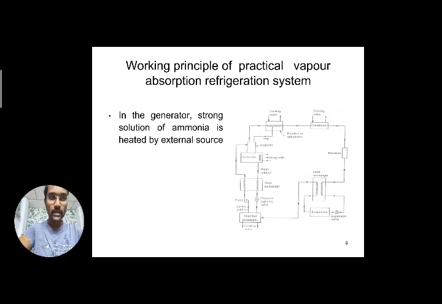Here the heating coils are the external source. When the heat is added, the strong ammonia solution in liquid form vaporizes. More water is present in the generator component.